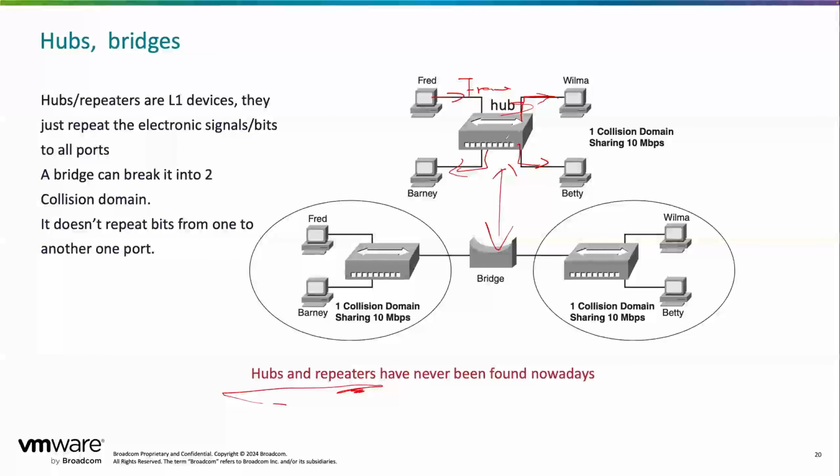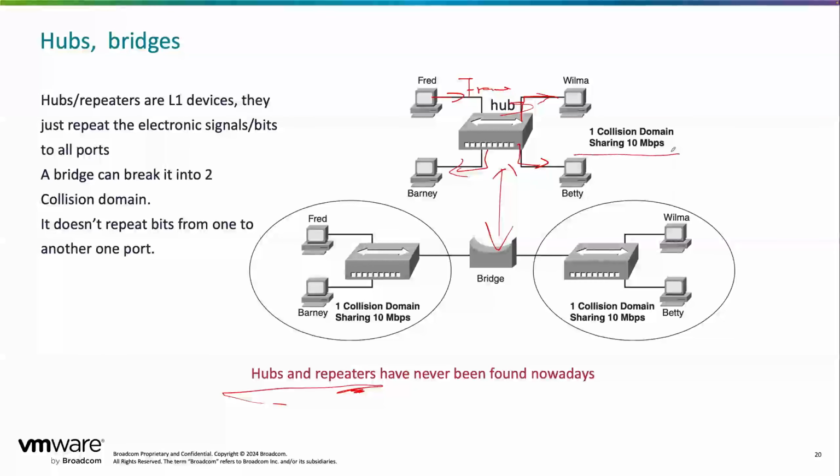A hub didn't know anything about MAC addresses and data link terminology. They just repeat the electrical signal and send it out. So when Fred talks, nobody else can talk because they share the medium.